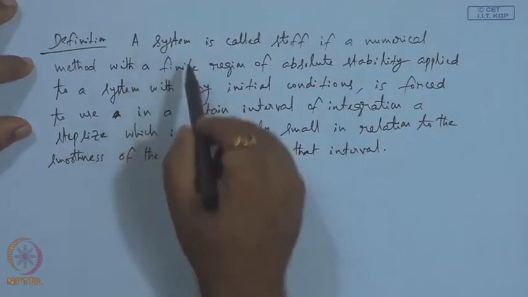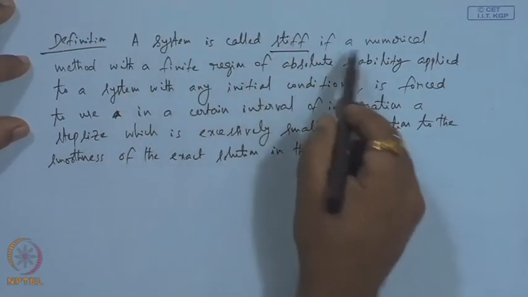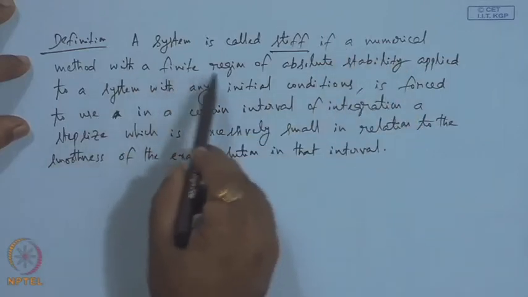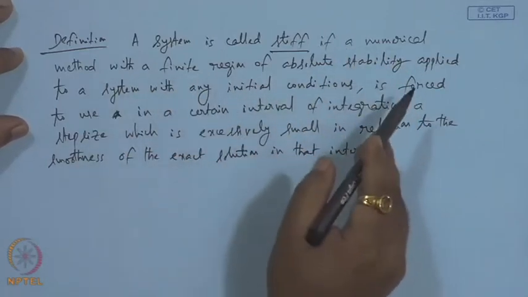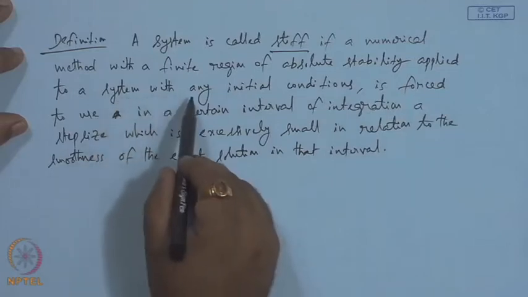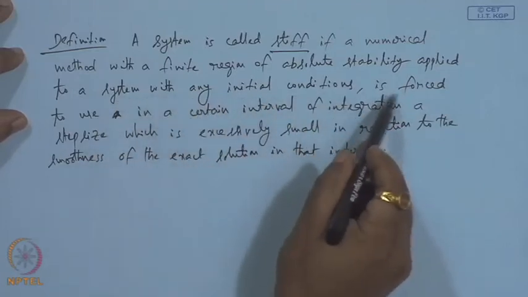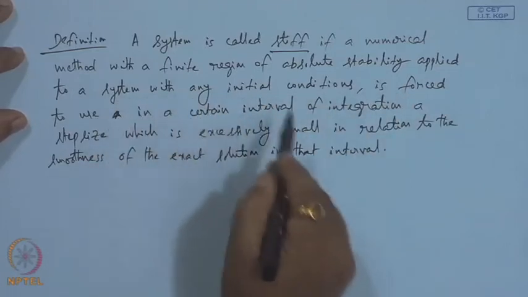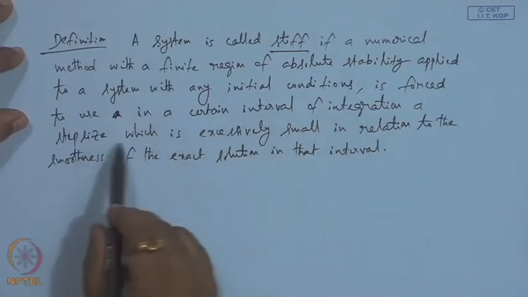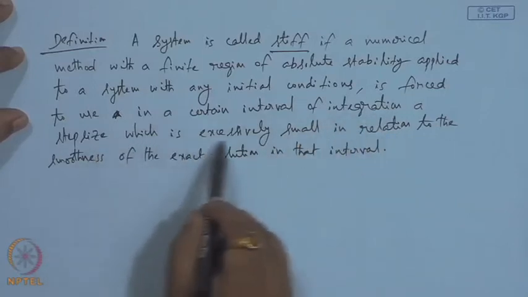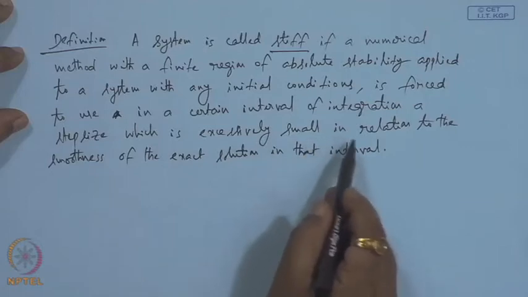So, what it says, a system is called stiff if a numerical method with a finite region of absolute stability applied to a system with any initial conditions is forced to use in a certain interval of integration a step size which is excessively small.